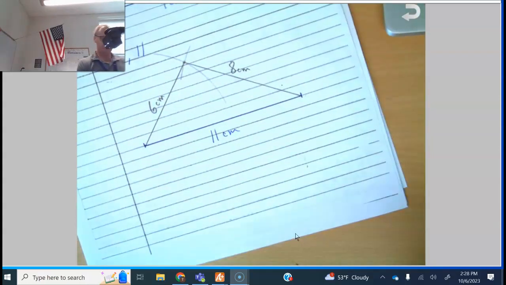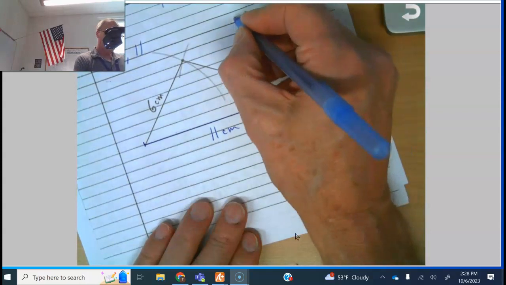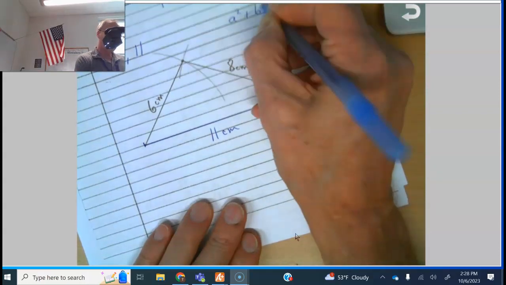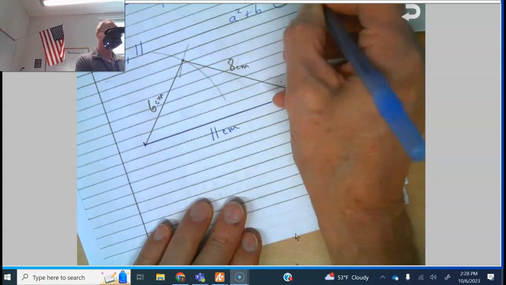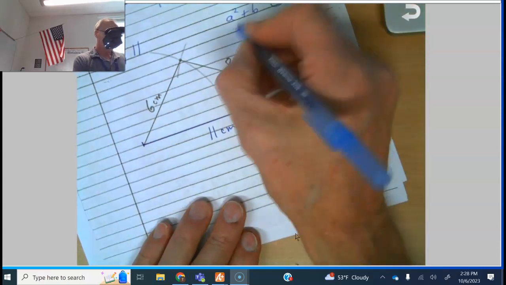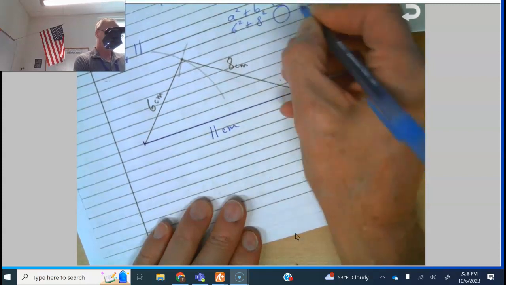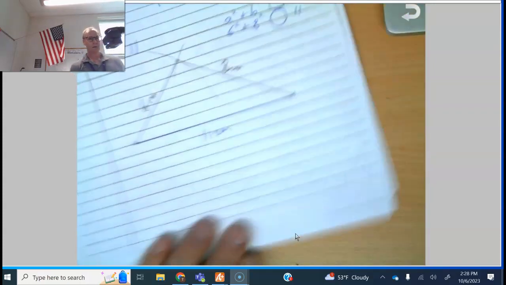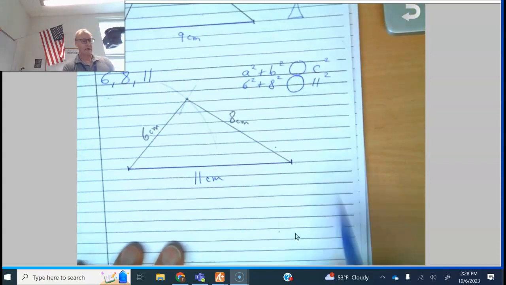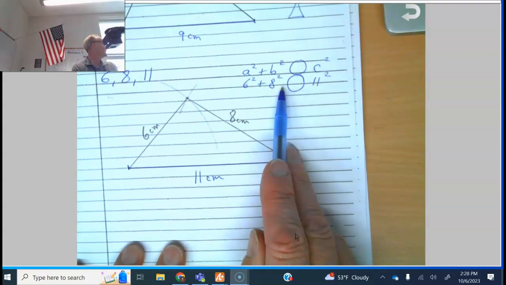And let's put it in our comparison. A squared plus B squared, and compare it with C squared. All right. We've got 6 squared plus 8 squared.